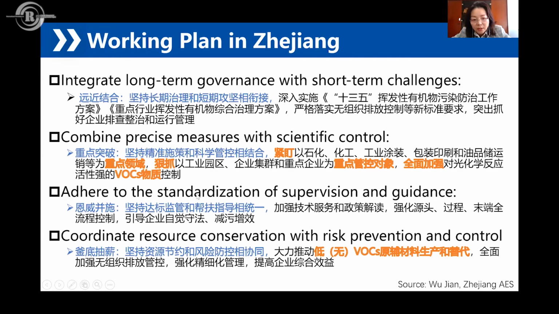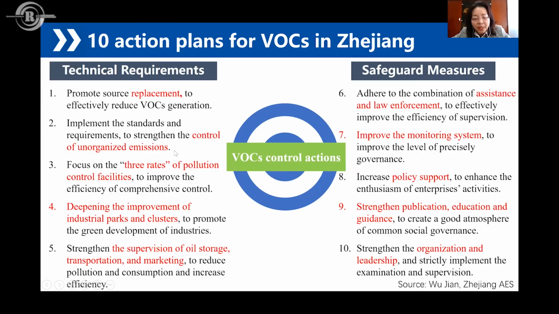The third is to implement standardized supervision, so legislation is still a key task. The final one is to promote risk prevention and control together with emission reduction. I will not repeat the details again, and maybe the audience can read these slides in detail.